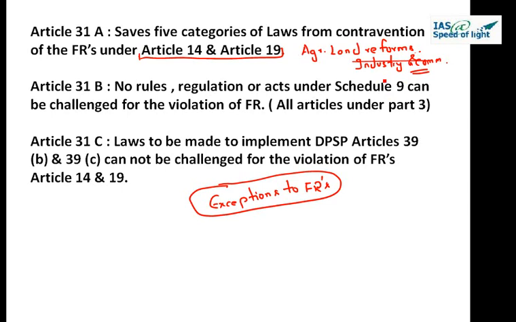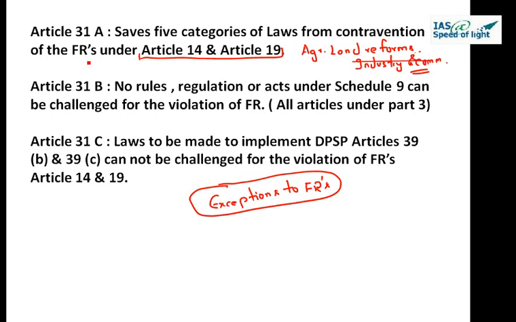Right. Another important provision under 31A: if you can open page number 84 of PM Bakshi, the fourth para says, provided further that where any law makes any provision for the acquisition by the state of any estate, and where any land comprised therein is held by a person under his personal cultivation, it shall not be lawful for the state to acquire any portion of such land as is within the ceiling limit applicable to him under any law for the time being in force.